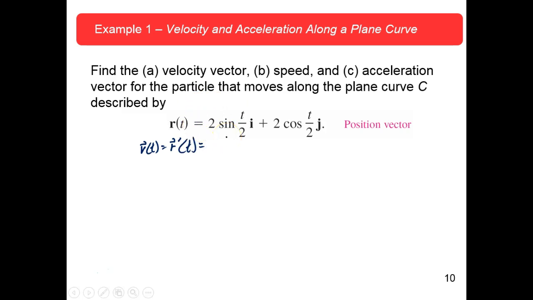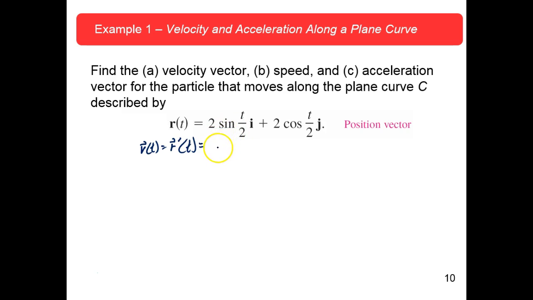Take a derivative of that. Anybody? Negative 2 sine. Negative 2 cosine. Okay, now we're taking derivatives this time. Derivative of sine is positive cosine. Okay? Keep going backwards.